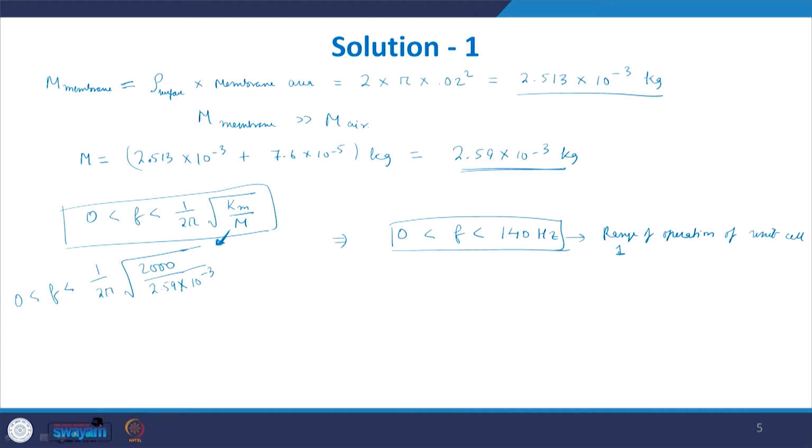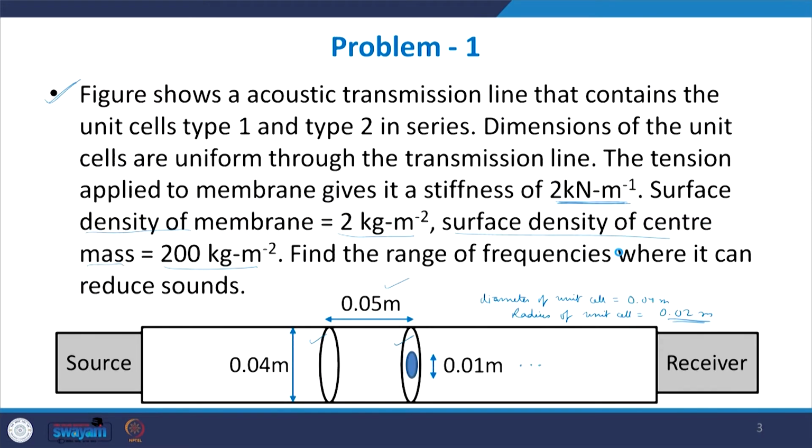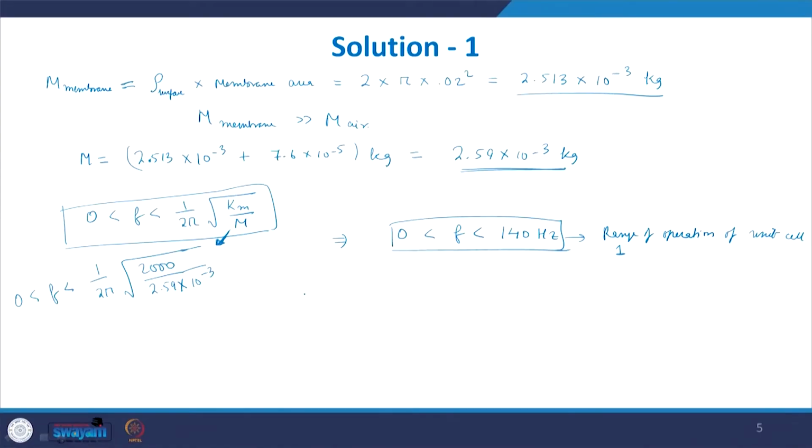Now for unit cell 2, if you look back into the question, this is the type 2 where you have a membrane with some dense mass attached on top of the membrane. In that case the rho effective becomes 0.